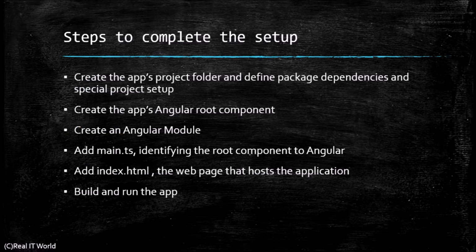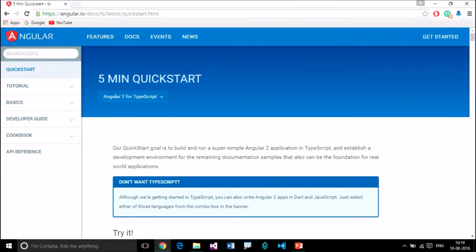Next, steps to complete the setup. Actually we are following the documentation from the Angular guys. So we are exactly setting up how they documented it. For that, this is the link you need to visit.